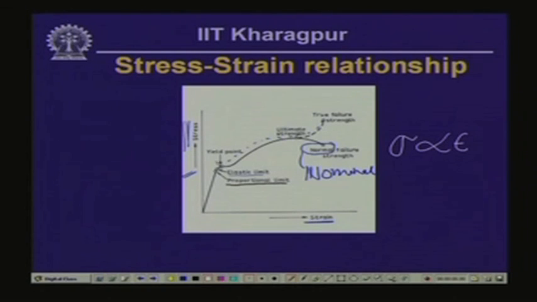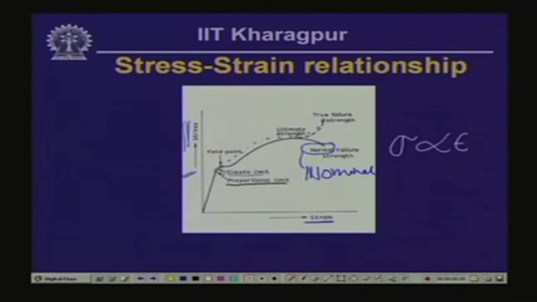And yield point is the point when the body starts yielding, it goes beyond the elastic limit, and plasticity starts forming in the section.